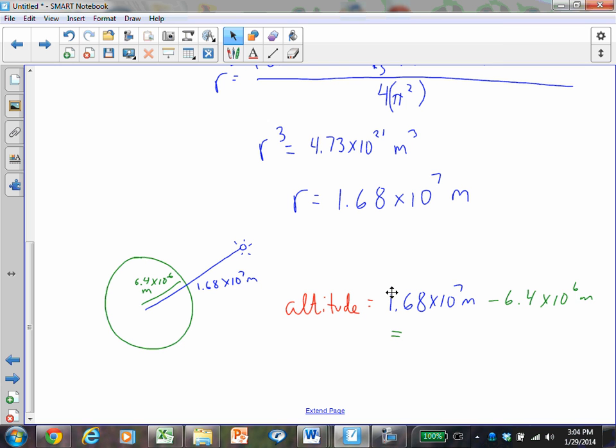This thing's driving me nuts. 1.04 times 10 to the 7 meters up, or about 10,400 kilometers.